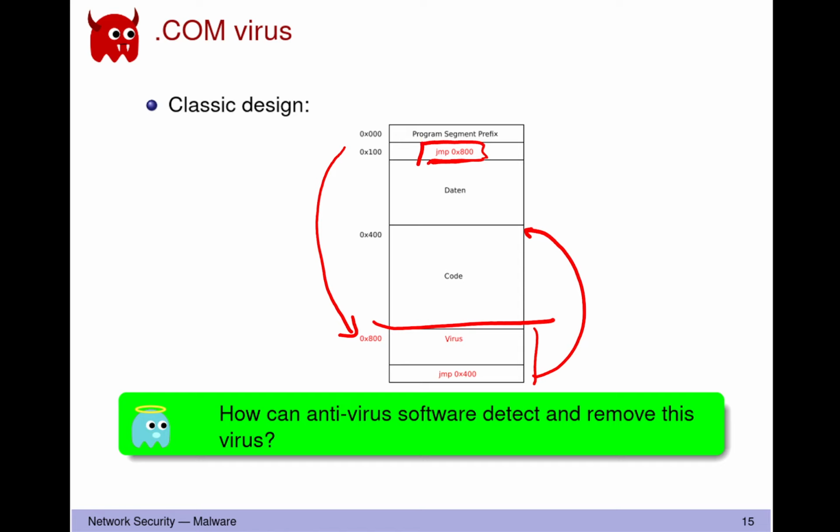So how could you detect this? Do you see a pattern that could be recognized as potentially malicious? Yeah. You look for device addresses that could be possible, and see if it has a higher address in the jump. That's right.